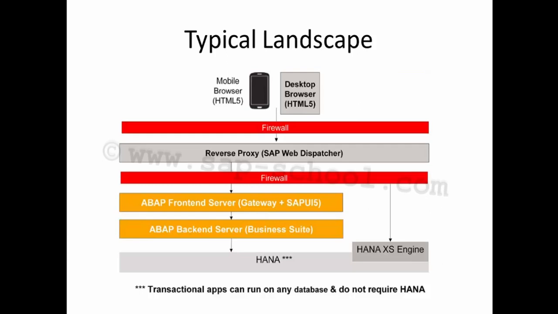It requires minimal configuration, and we just have to enter data like the port on which the HTTP or HTTPS requests are to be received, and the host and HTTP port of the SAP message server. So these are the only configurations required if you want to configure the SAP Web Dispatcher: the port, the host, and the HTTP port of the SAP message server.